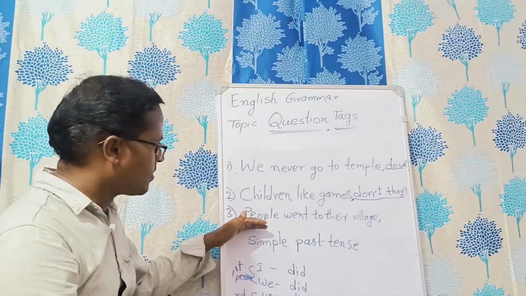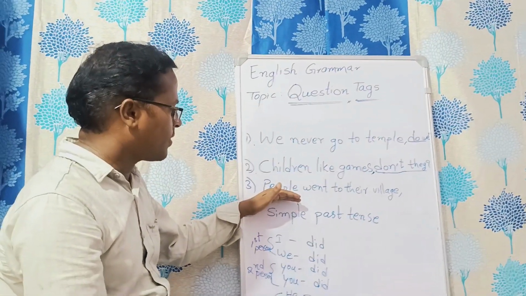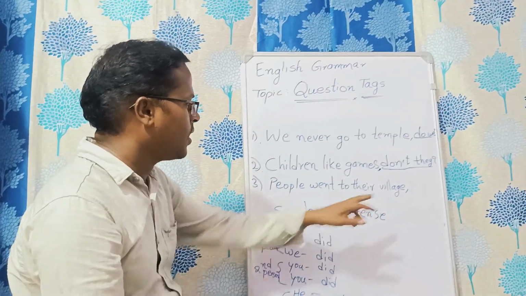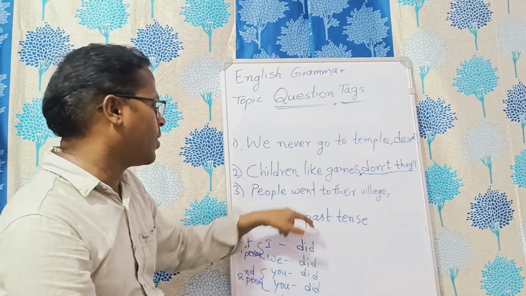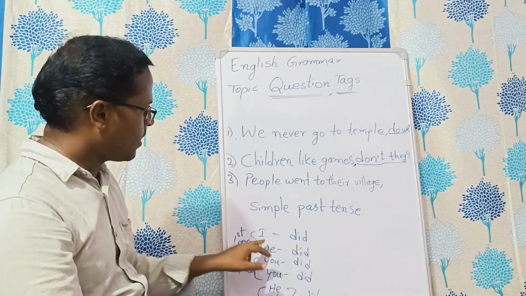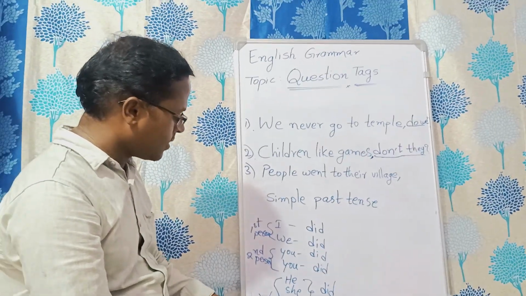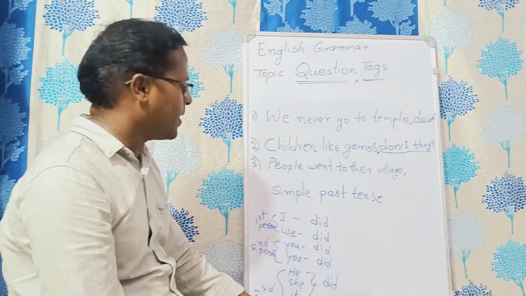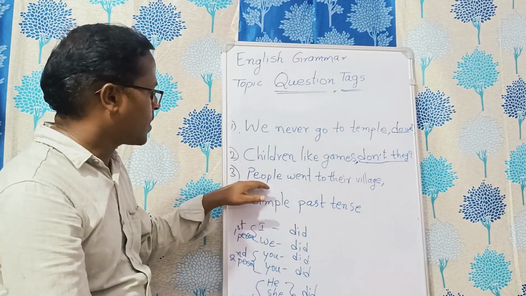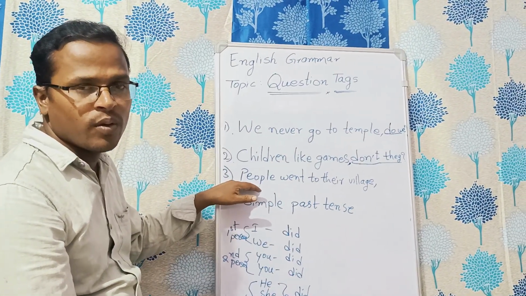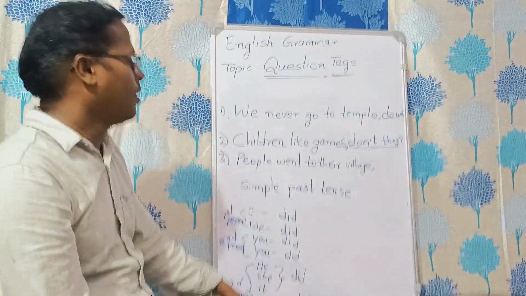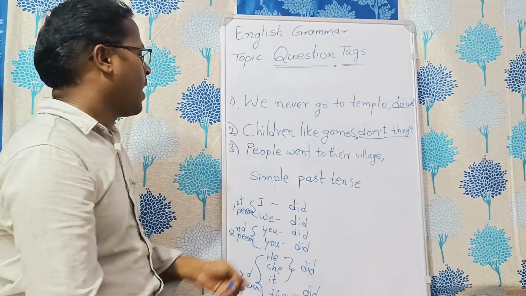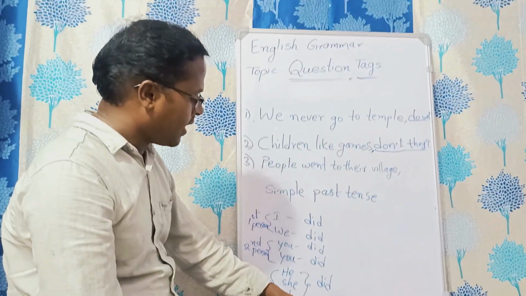Now, how to add the question tag to the given sentence. The given sentence is in simple past tense. First, after the comma we have to start with the helping verb. As I mentioned, people also comes under third person plural, they. The subject pronoun of people is they. So we have to add did as the helping verb.